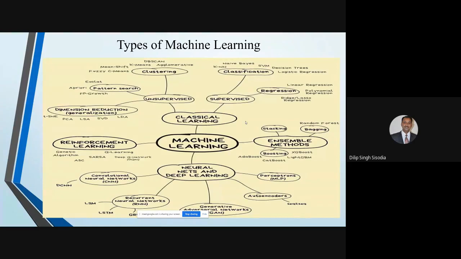So ensemble means rather than using a single individual classifier, we'll use a group of classifiers. For a single decision tree, we can use the random forest algorithm. Their way is different, bagging is different, stacking is different, boosting is different, but their essence is the same. Here, rather than a single one, we are using a group.